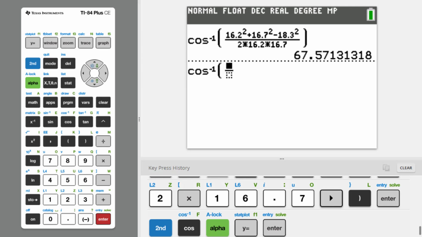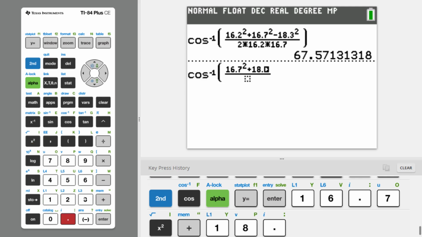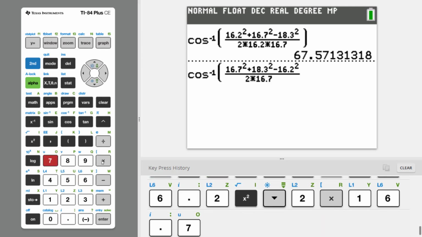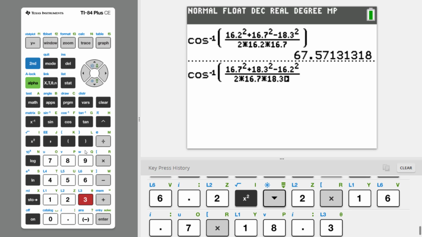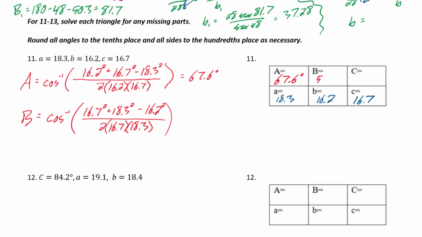Since we're solving for that last side, it looks like I've got first the 16.7 squared plus the 18.3 squared minus the 16.2 squared, all over 2 times 16.7 times 18.3. Go to the end, close the parenthesis, and here we go. We've got 54.9, it looks like, for this one. 54.9.